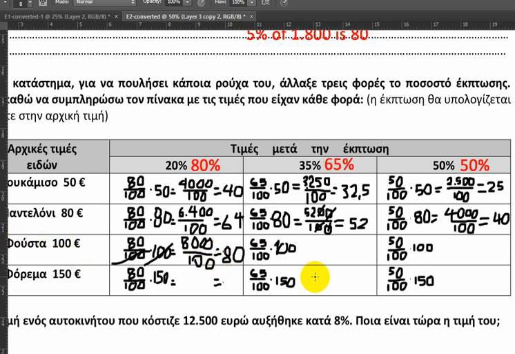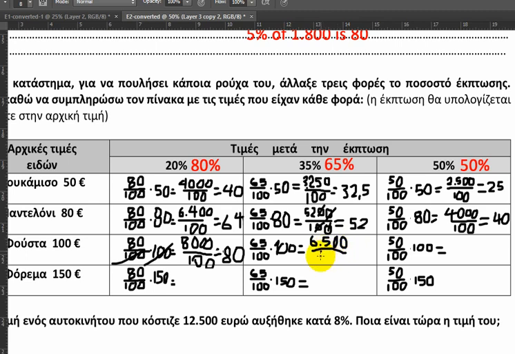It's like saying, what's 2% of 100? 2. What's 25% of 100? 25, because it's exactly 100. But we are going to do this the same way that we explained because I don't want you to get confused. So we're going to get 6,500 out of doing 65 times 100.